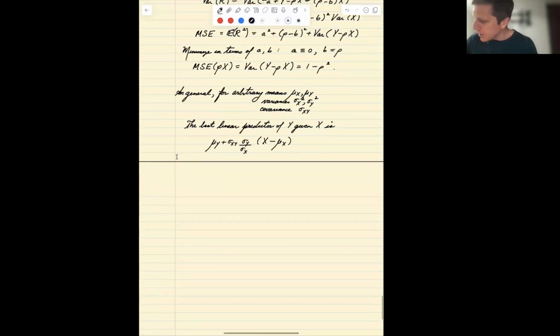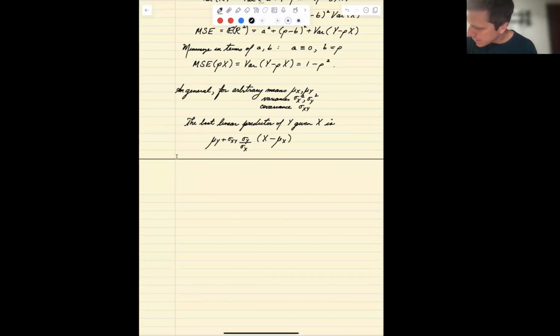And the mean squared error in this case is just as before, but it gets multiplied additionally by the variance of Y.